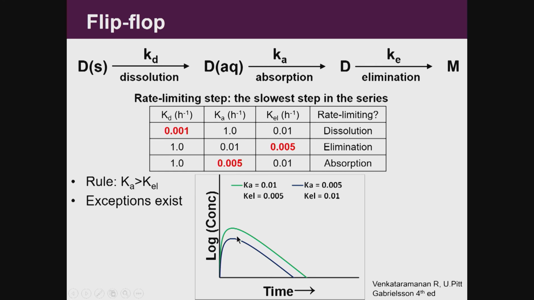And even though the height of this curve is a little different, the fraction absorbed changes if you change these parameters, the slope of this terminal phase is identical. And so what we need to understand is that the terminal phase of a concentration time profile is reflective of the rate limiting step, which not necessarily is the elimination rate.